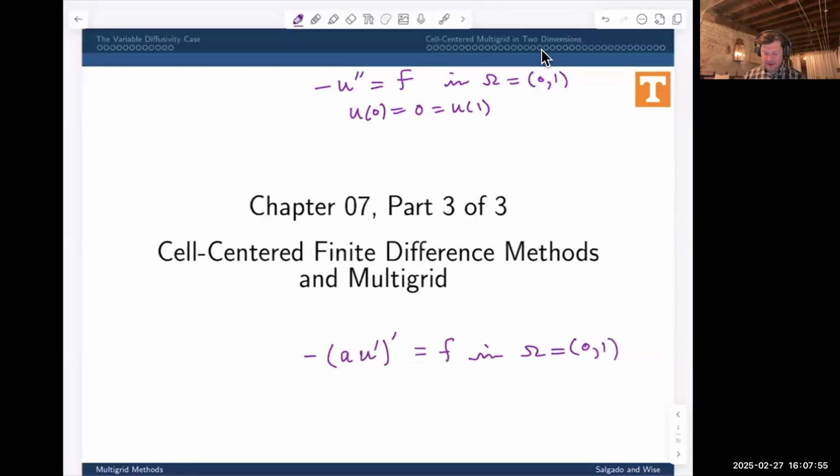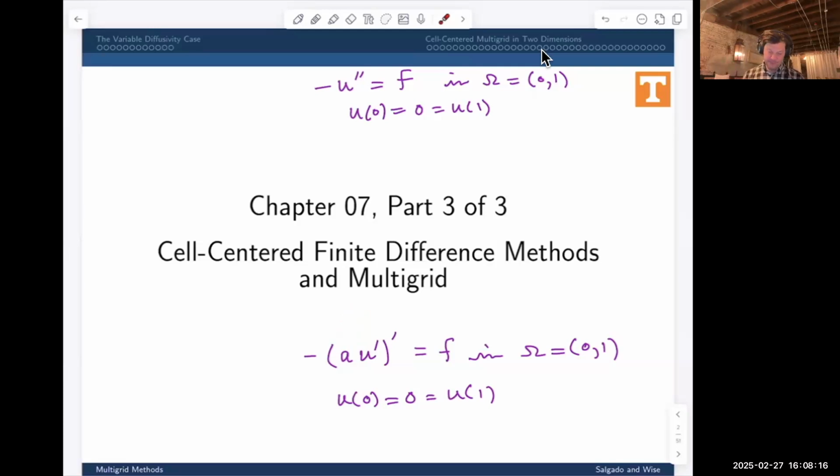So this is what we call the variable diffusivity case. The boundary conditions are the same as before, but this coefficient in here, sometimes called the diffusion coefficient or the diffusivity, in this case we're going to assume is not constant.